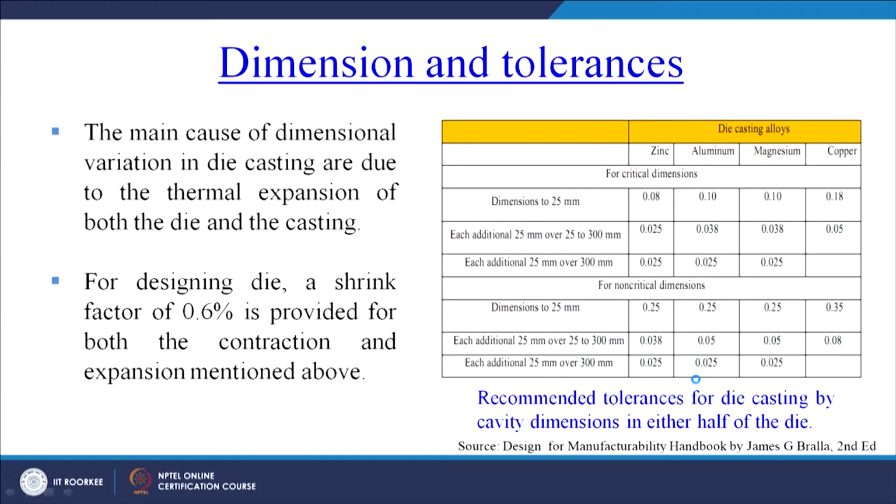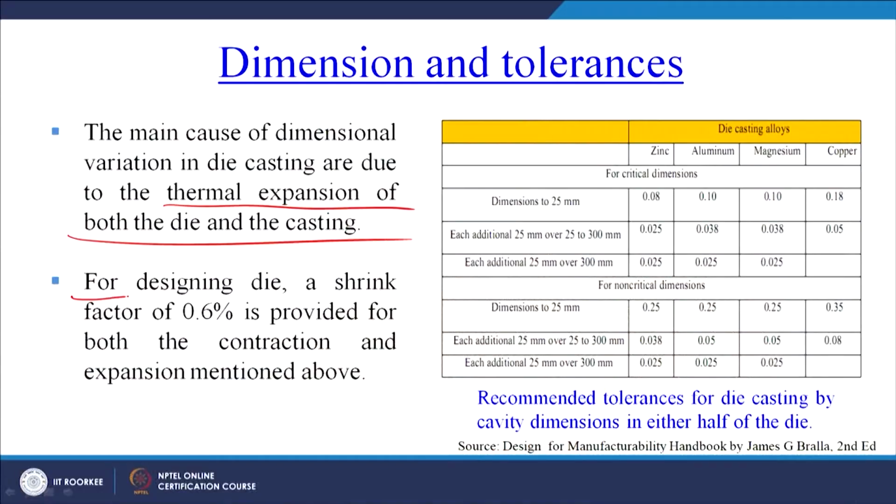Now the dimensions and tolerances. The main cause of dimensional variation in die casting is thermal expansion, of both the die and the casting. When the metal is pushed into the die cavity made between the two die halves and solidifies, there will certainly be thermal expansion of both the die and the casting. So that has to be taken into account, and some dimensional tolerance has to be provided when designing a die.